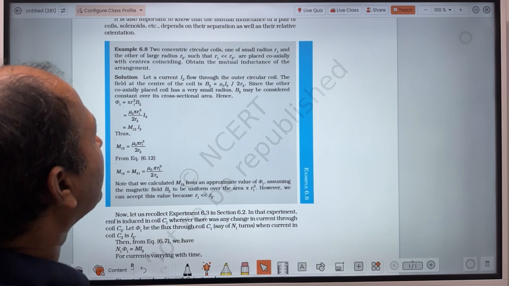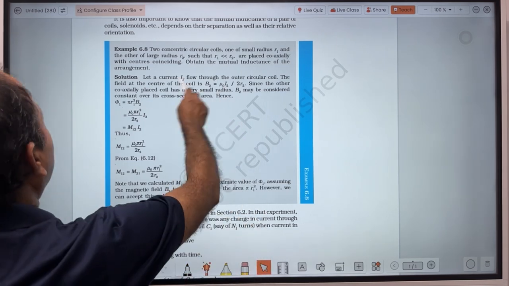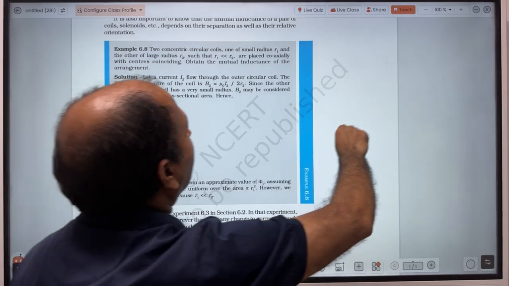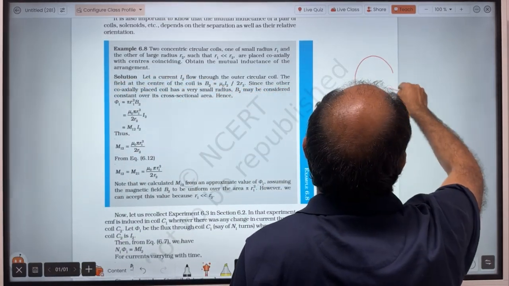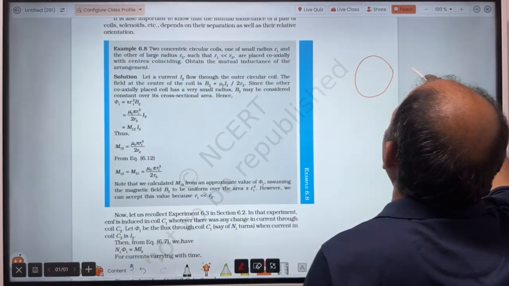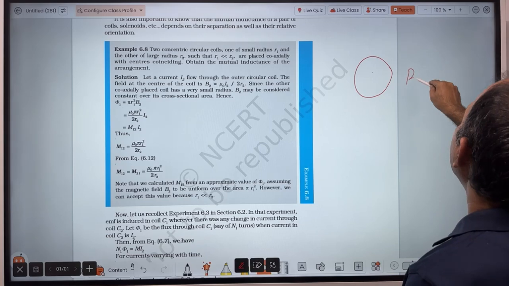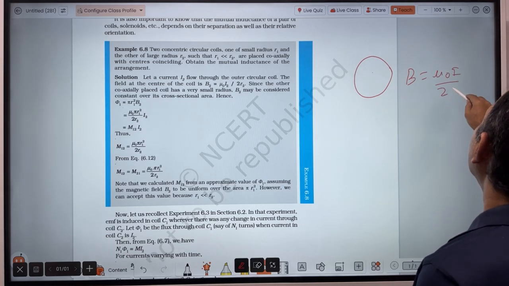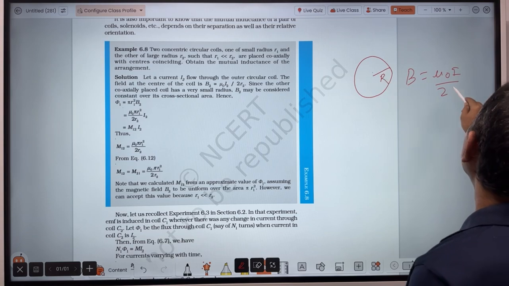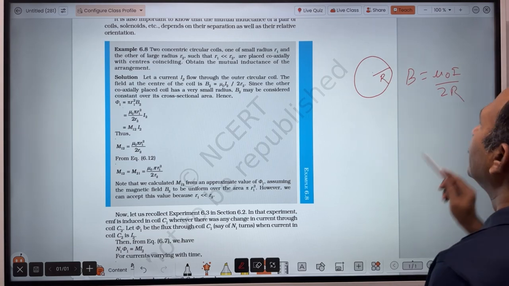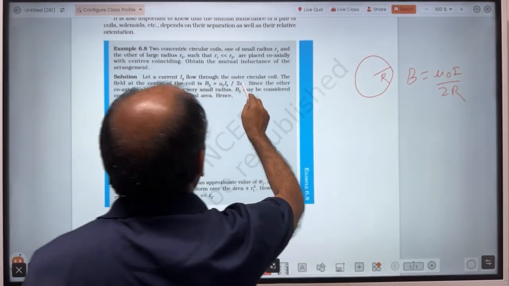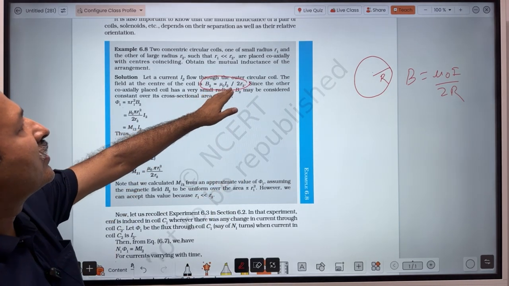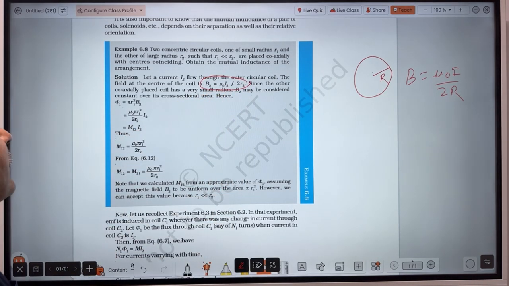So here there will be a question in your mind, why this formula? If this is a coil, at its center, what is the formula of magnetic field? B is given by mu naught I divided by 2R, if R is the radius. The same we have applied here, that B2 will be mu naught I2 divided by 2R2, right?